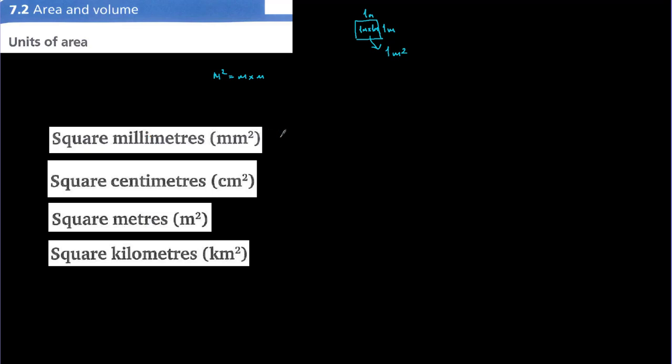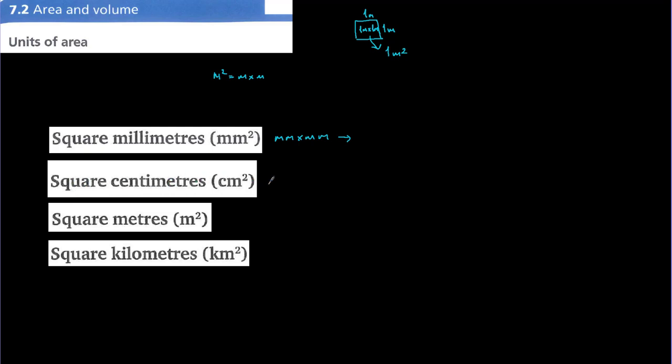Millimeter square means millimeter times millimeter, and is used for very small areas, like the area of small coins.